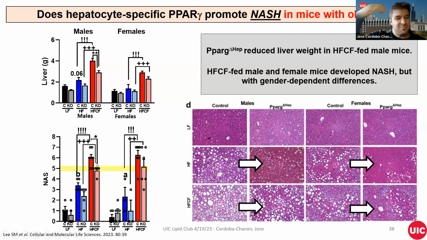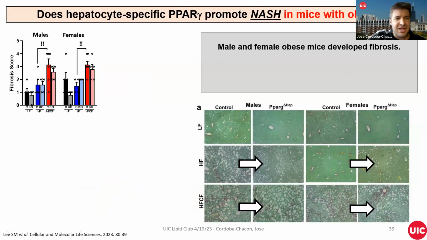So you need this combination of nutrients to push the mice over the line. And here you can see that the male mice have a reduction in the progression of NASH, as shown with this scoring. In females, it wasn't significant. It looked like a trend, but some females also progress into NASH.